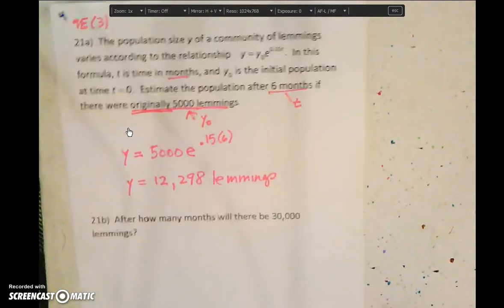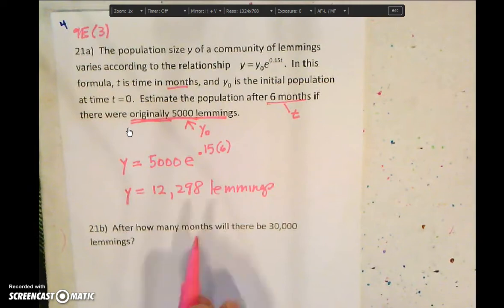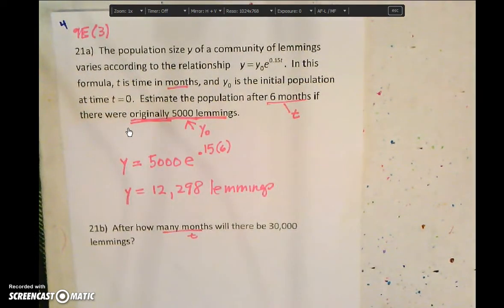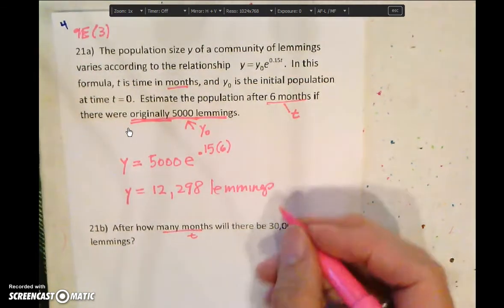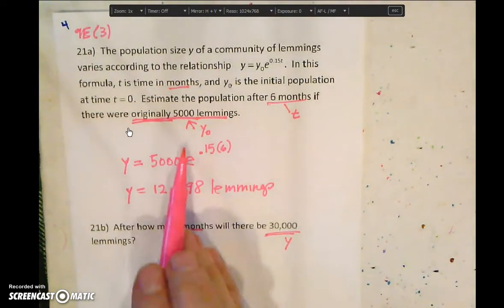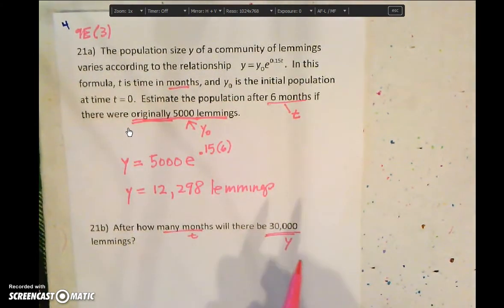All right, so let's go at it from a different direction. It says after how many months, so we'll be looking for here a t, will there be 30,000 lemmings? We want to figure out this will be y. So we already know that we initially had 5,000 lemmings, and we want to end up with 30,000.